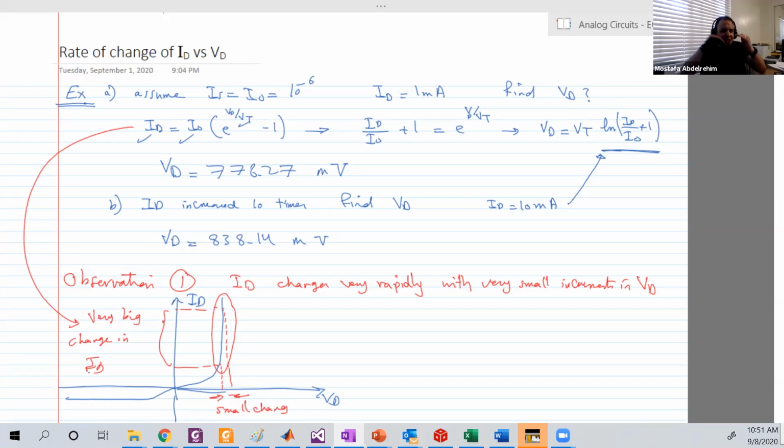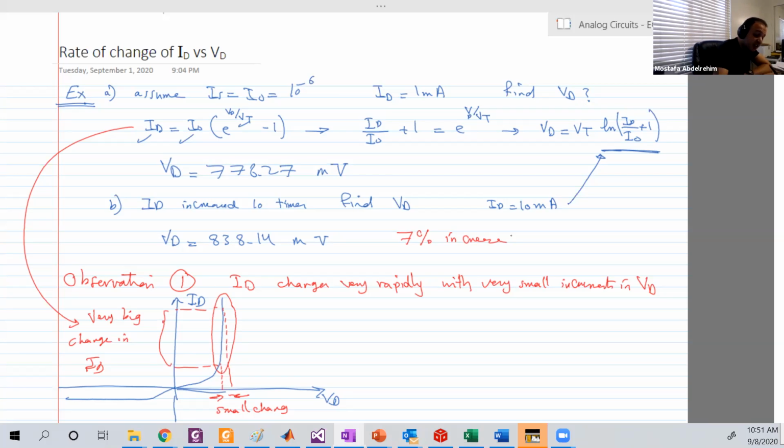So we can say that we expect, during operation, if the diode is conducting, the change in VD is very small. Actually, in that case, it's a 7% increase, while the current of the diode will have a huge change.